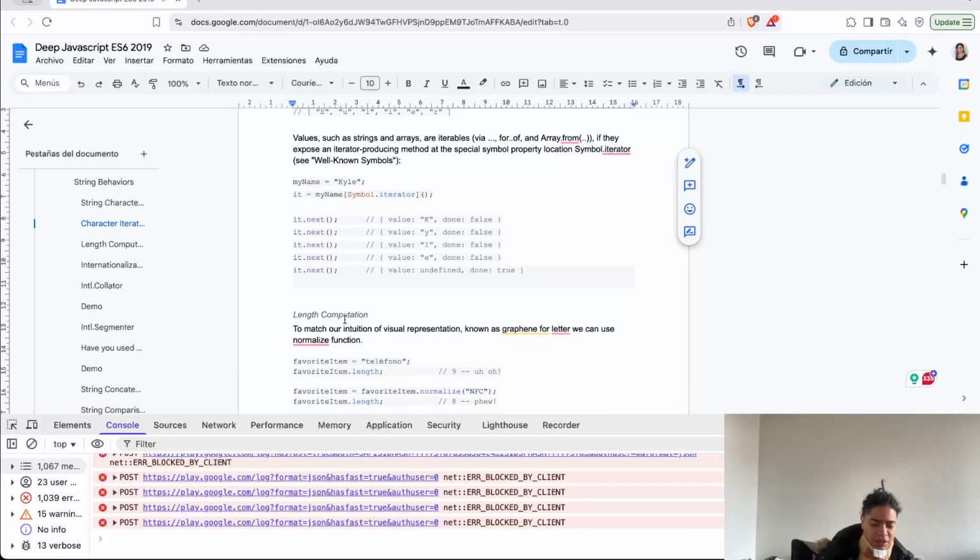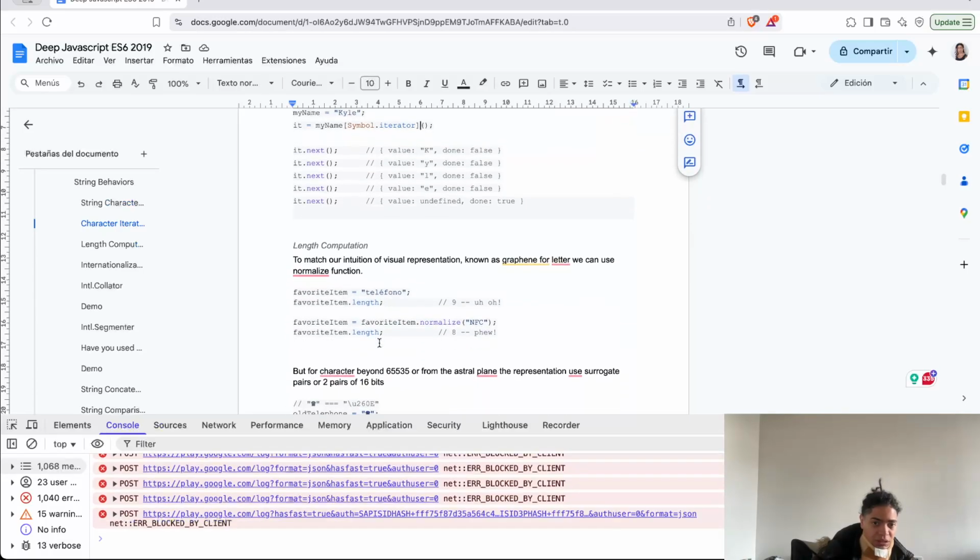The other critical point is the length computation, which we know how to do. Especially for emojis, but there are some cases where some letter representation, for example the letter A in teléfono, doesn't give you the same length.